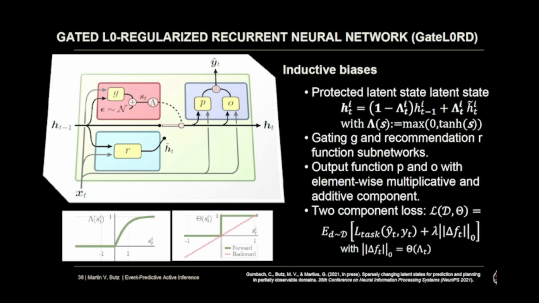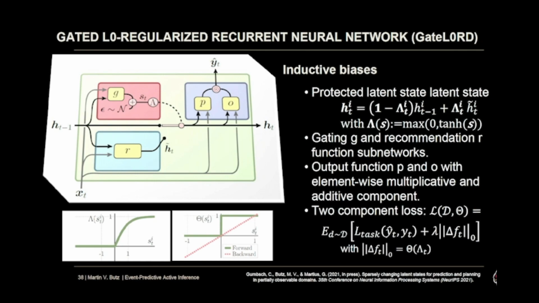It maintains a latent state that is an event code, this hidden state H. And we design the neural network in a more protected manner than a long short-term memory structure or any other gated GRU-like recurrent neural network, and we enforce that this latent state stays stable over time as long as possible. And as long as possible means as long as the predictions of how the sensorimotor dynamics unfold are still in an acceptable range.